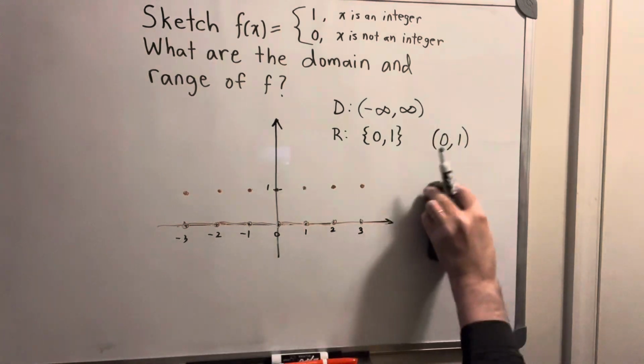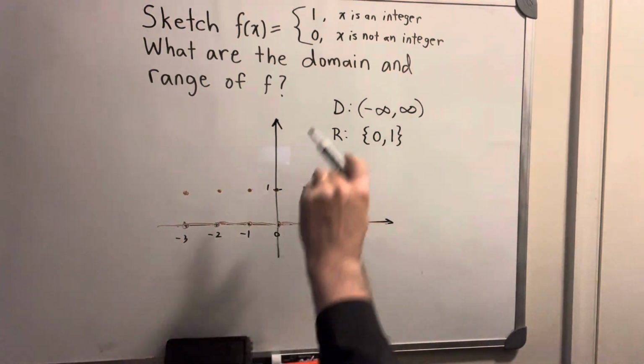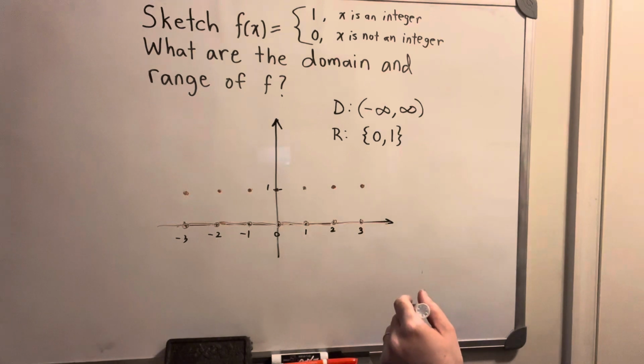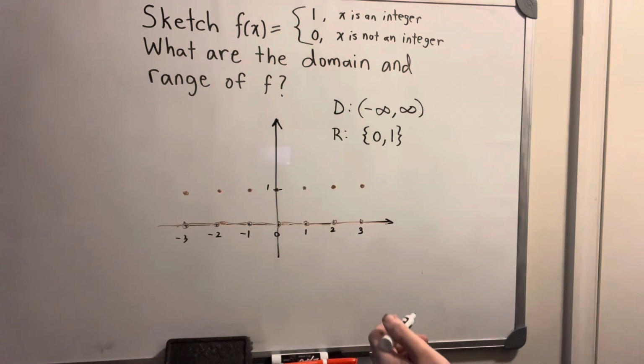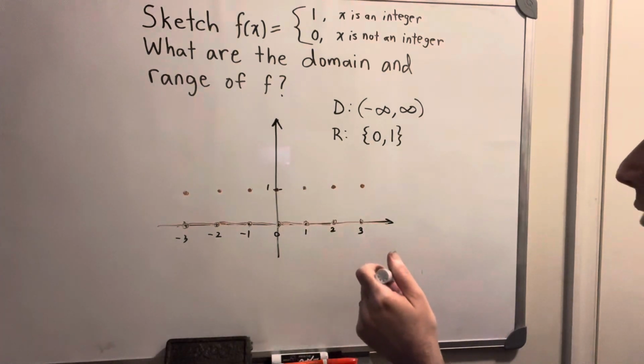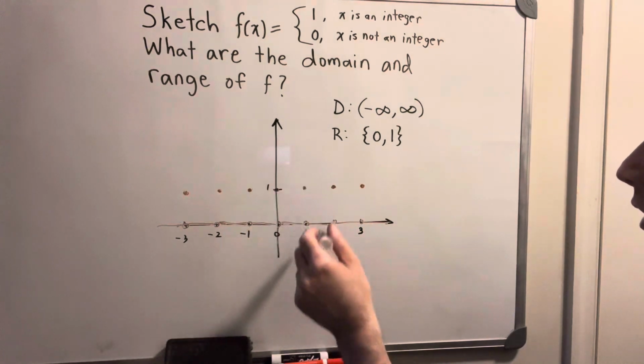But this function cannot take a whole interval of values. There's 2 values. So in this case, the range is discrete, meaning it can take a finite number of values, in this case just 2. It means the output of this function is either 0 or 1.